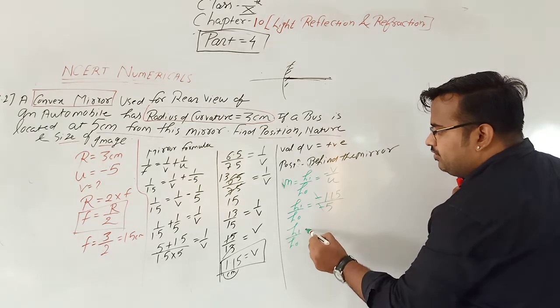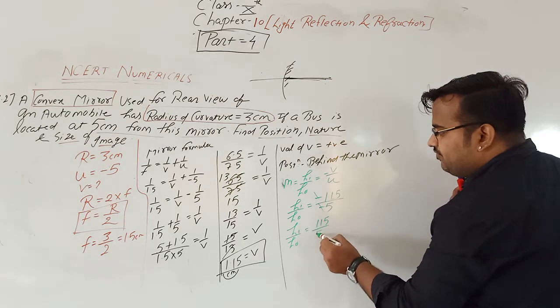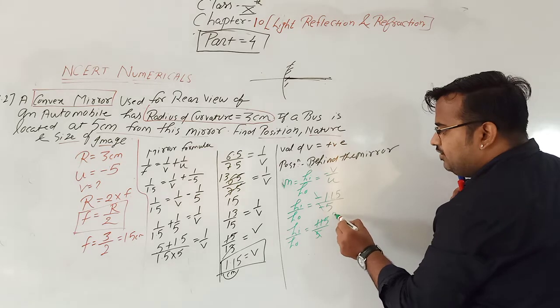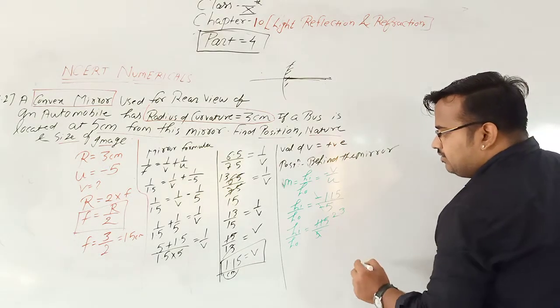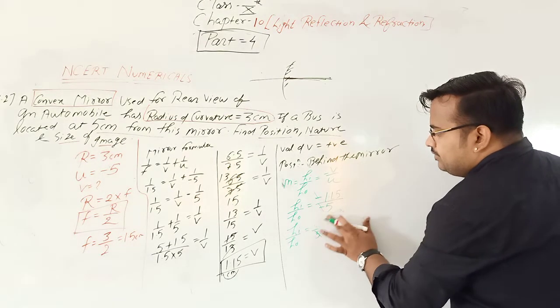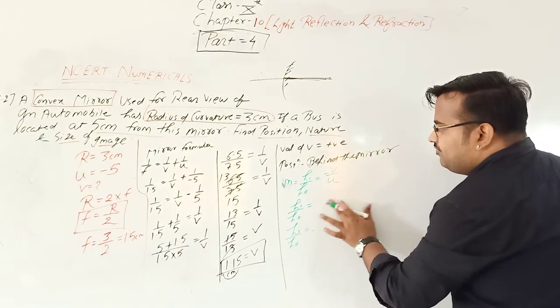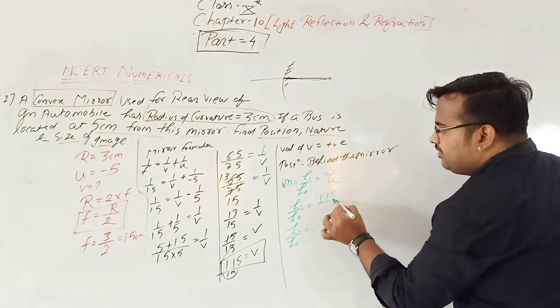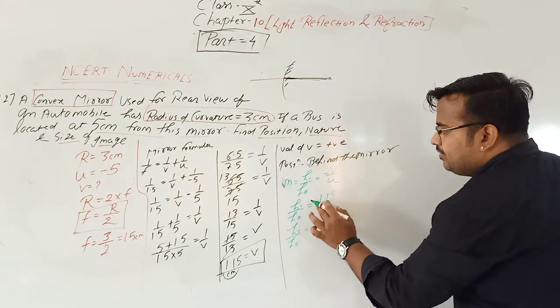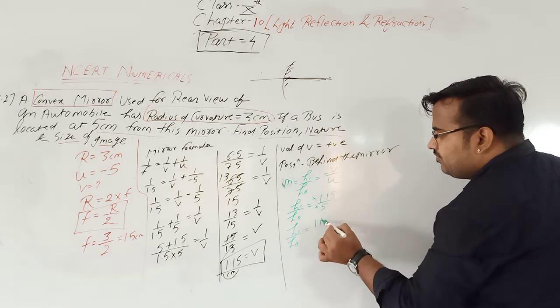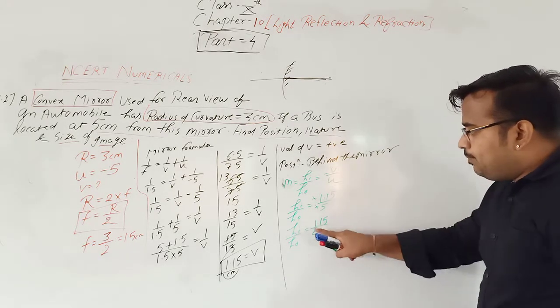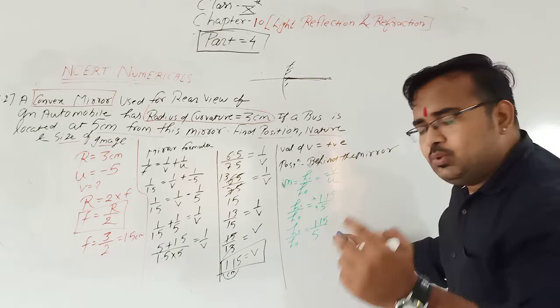Height of image upon height of object, this would be 1.15 upon 5. Okay, minus and minus will get cancelled. Now, after the point there are 2 digits.